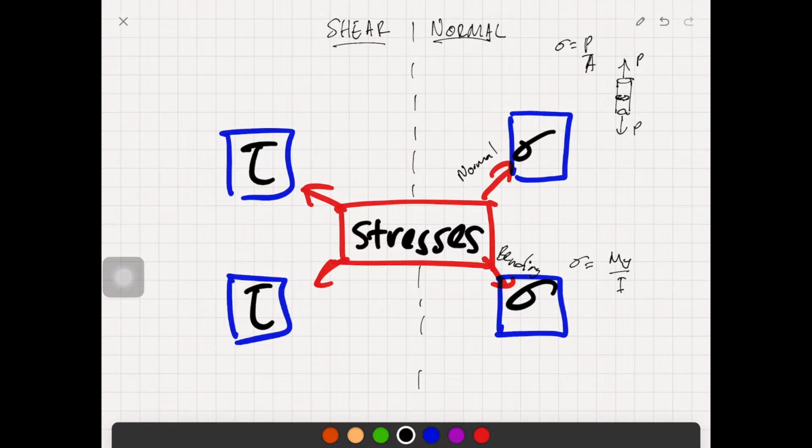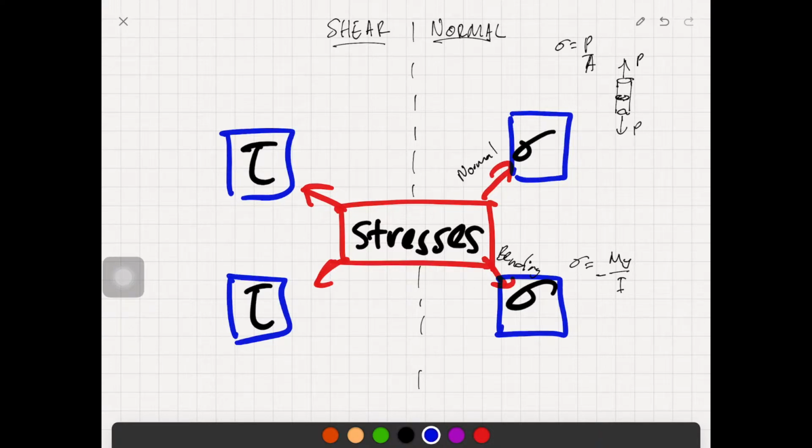Y is the distance from the neutral axis to the point of interest you want to calculate, and in fact we have a negative symbol here for bending stress, where negative represents pure bending. According to the derivation, negative refers to the contraction of the upper part.